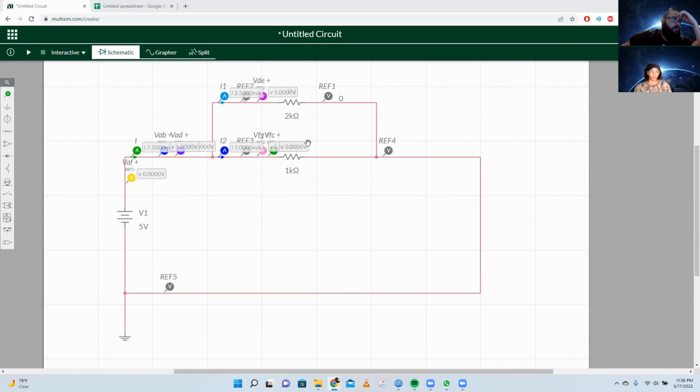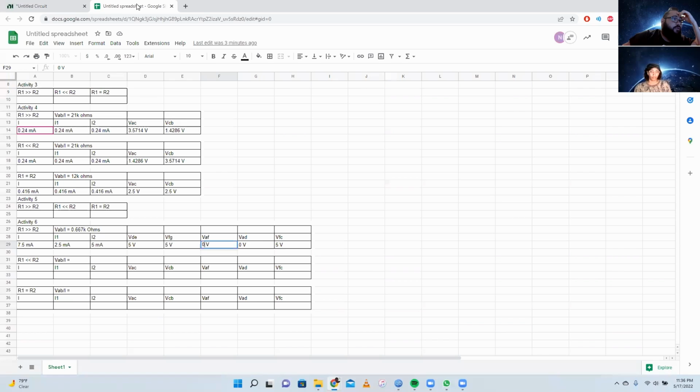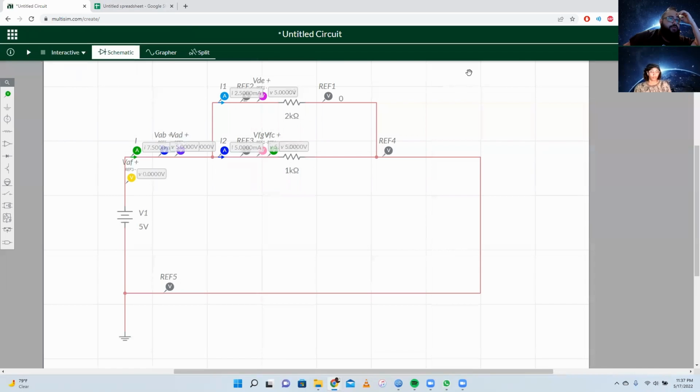And now VAB over I is equivalent to 0.667 kilo ohms, which represents the total combined resistance of R1 and R2, where 1 over RT, or R total, is equal to 1 over R1 plus 1 over R2. So that represents our first case.